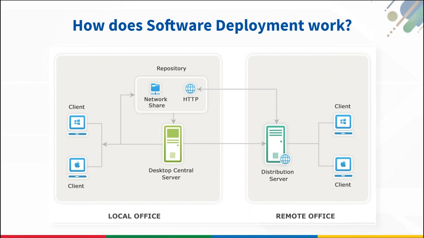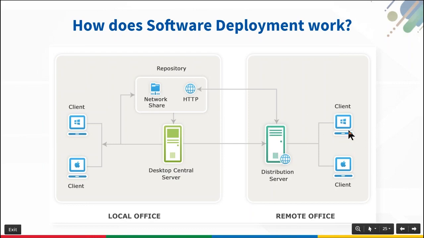At the same time, if the machines are traveling outside your local network, let's say it is in a public Wi-Fi network, or if it is in a different remote office location, you cannot depend on the network share because of the accessibility issues. So you can use the HTTP repository in that perspective, and you can let the agents download the files directly or through the distribution server.